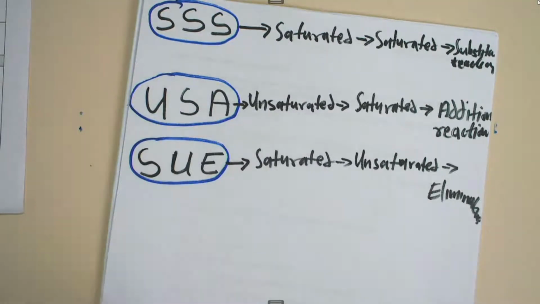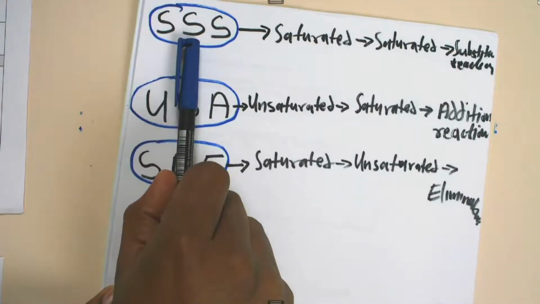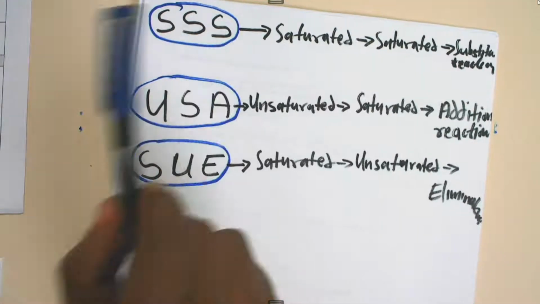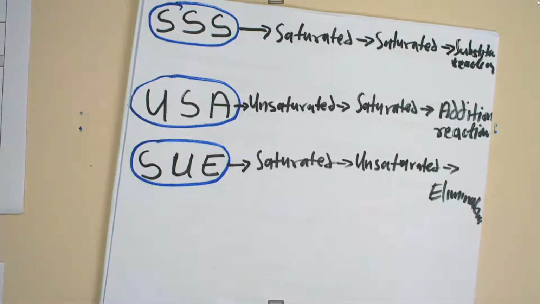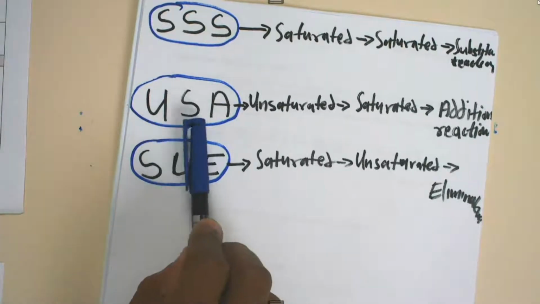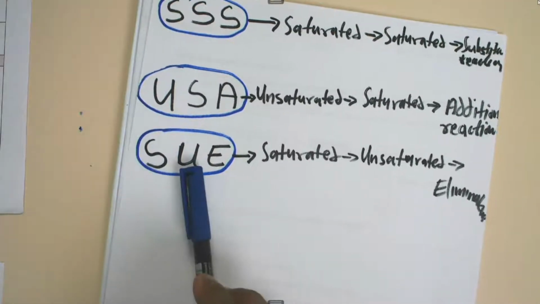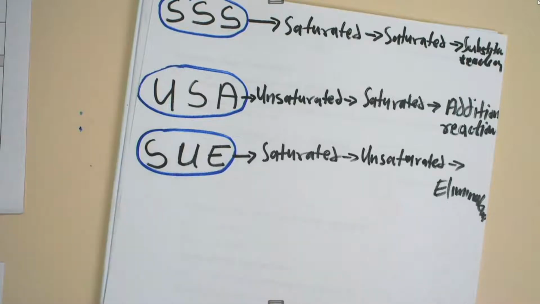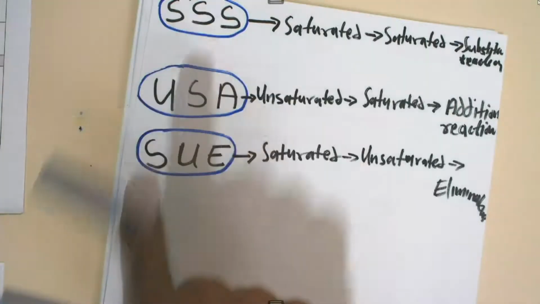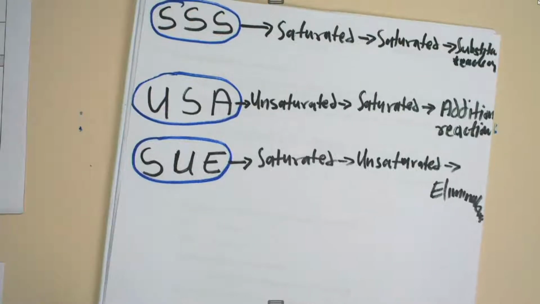But it's just an analogy for me to be able to say, if I am moving from saturated to saturated, then I am talking about a substitution reaction. If I am looking at unsaturated to saturated, then I am looking for an addition reaction. If I am looking for saturated to unsaturated, then that reaction should be elimination. So this is a way of me saying how best I can remember everything that is given.